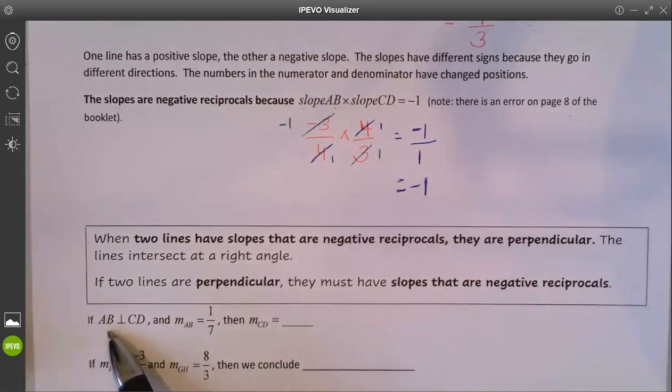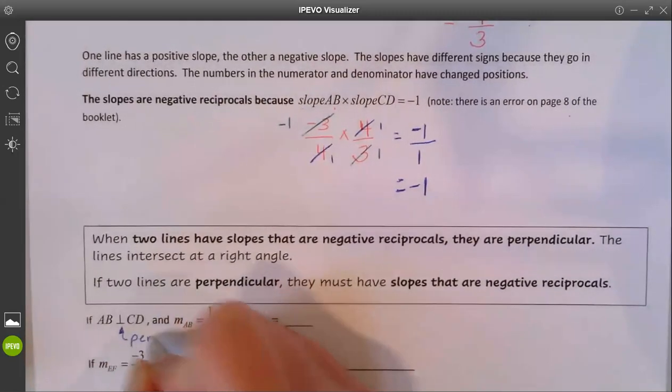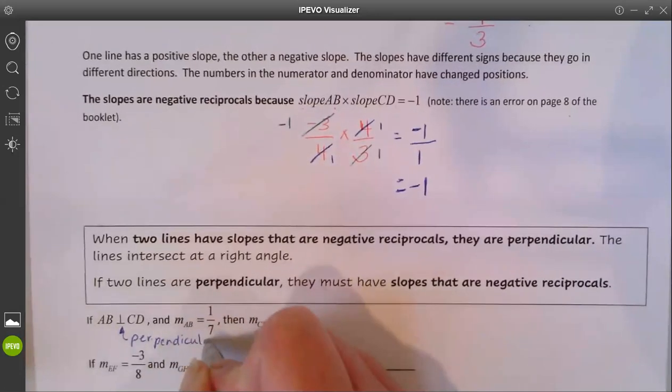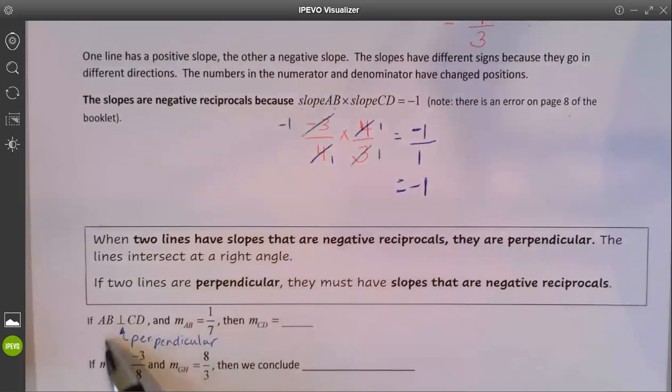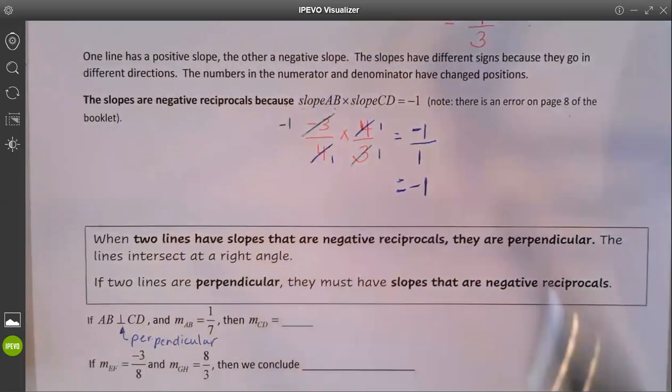Line segment AB is perpendicular to line segment CD. This is the symbol for perpendicular. If line segment AB has a slope of 1/7, then the slope of the perpendicular line segment must be the negative reciprocal.